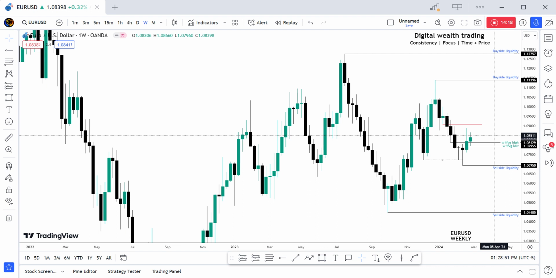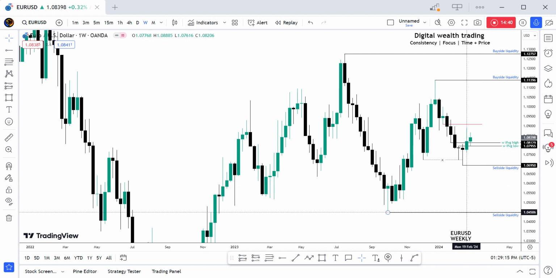What I mean there is that you see this low sweep these relative equal lows and price went into this weekly propulsion block, and we respected that also. Then price rallied higher. There is a fair value gap here, and price rallied, turning that fair value gap into an inversion fair value gap.